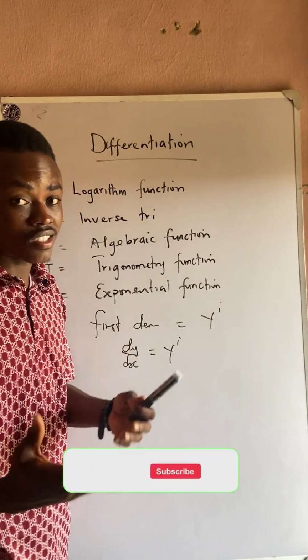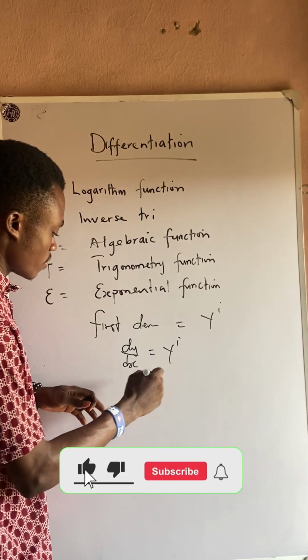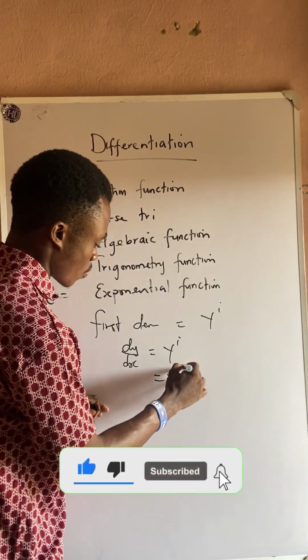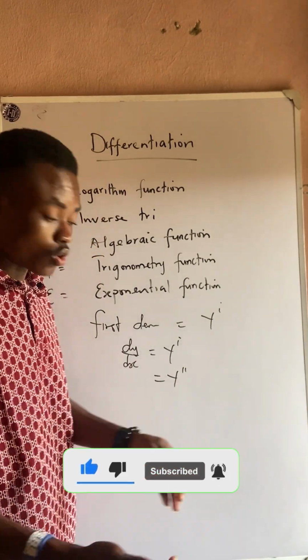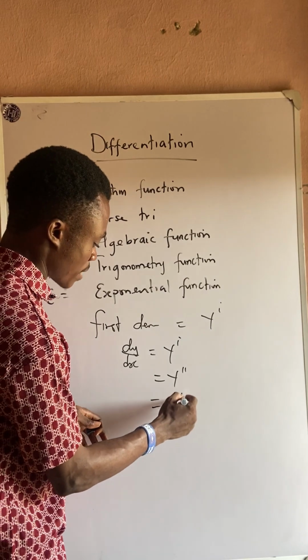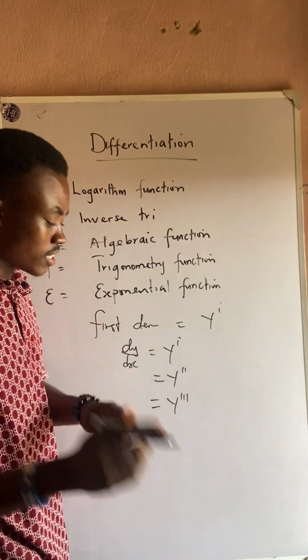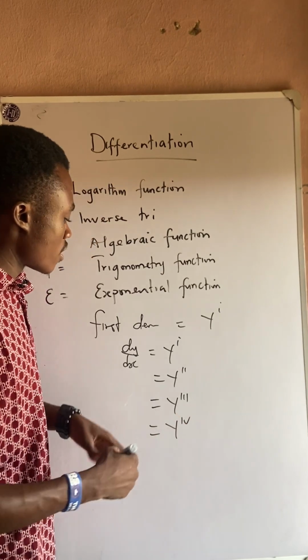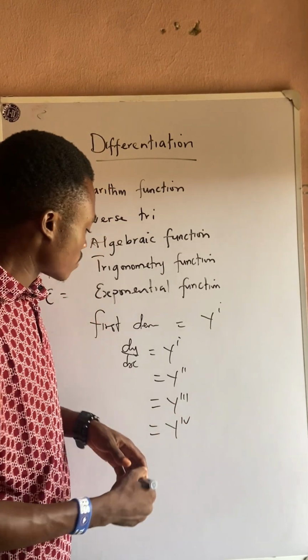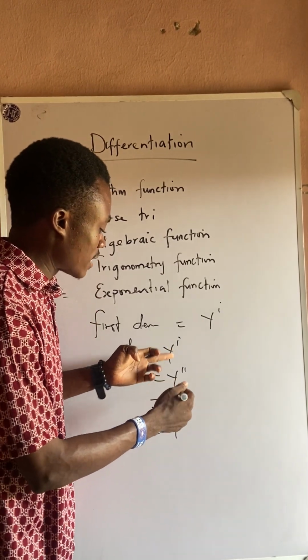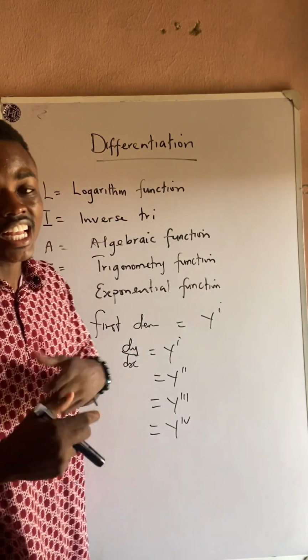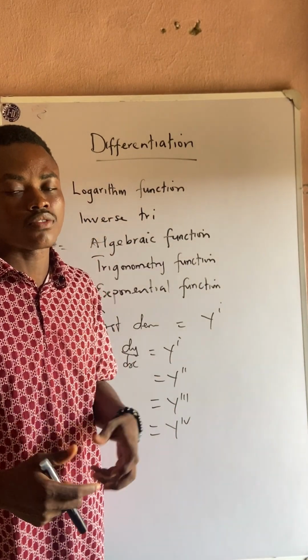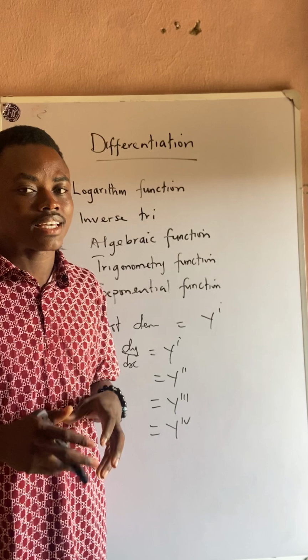If you were asked for the second derivative, it can be y prime prime. For the third derivative, it can be y prime prime prime. For the fourth derivative, it can be y prime 4. So sometimes when you see the y and the Roman figure, it is telling you the number of derivatives you should find of your dy dx.